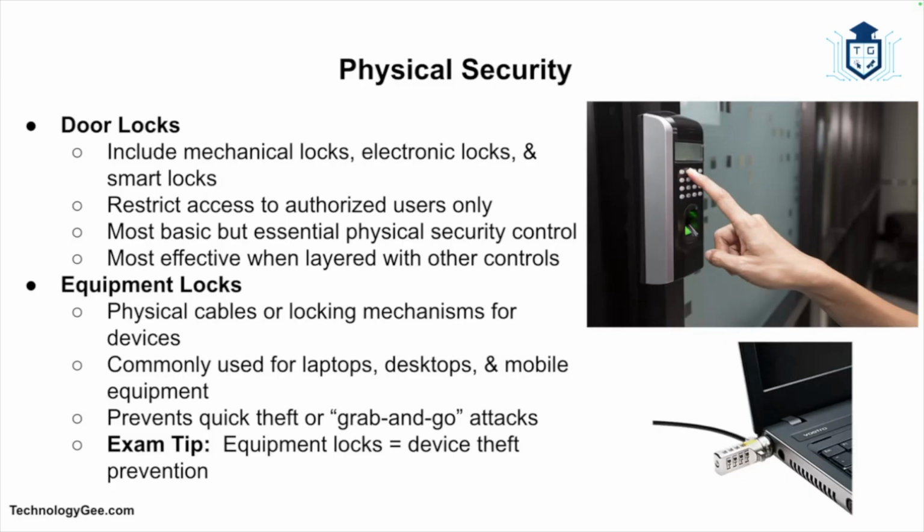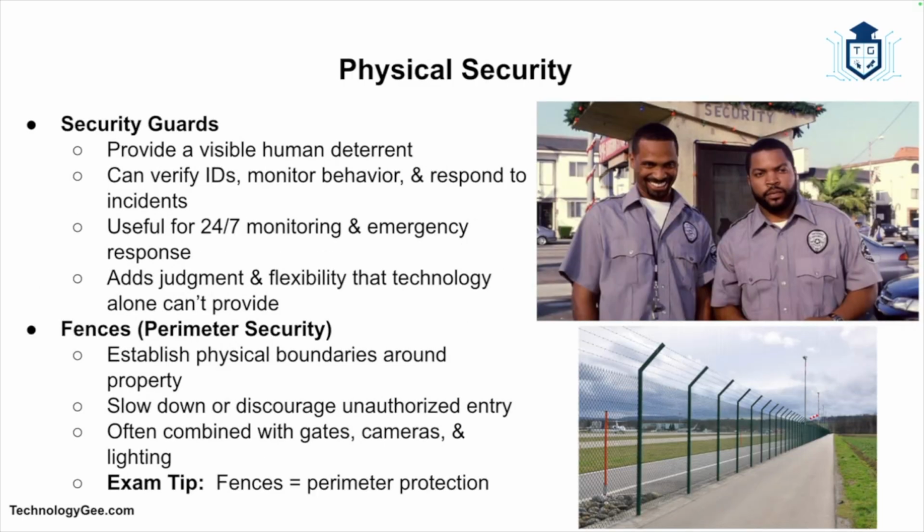You also have equipment locks. If you've ever seen those metal cables locking laptops to the desk, those are called equipment locks, and they make it harder for someone just to grab a device and take off running. Now, on the exam, equipment locks equal physical theft prevention. Then there's security guards. Technology is great, but sometimes you need a human presence.